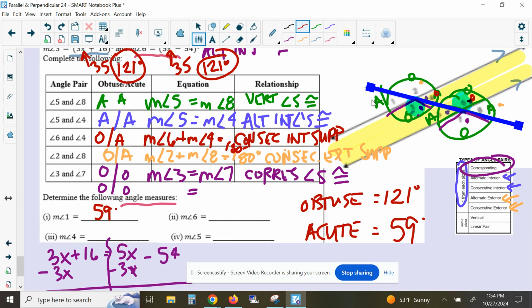The measure of angle 4 is also acute, so it is 59 degrees. The measure of angle 6 is obtuse, so it is 121 degrees. And the measure of angle 5, where is it? 5 is here. It's acute, so it is 59 degrees. And you could just redraw this picture bigger and put all your angle measures in there and make sure that they're good, which is what I would do if I was taking a test.